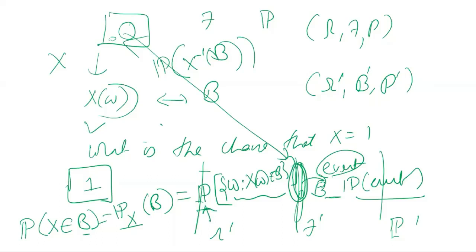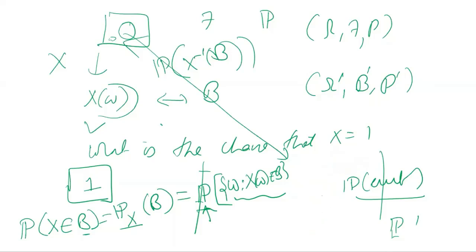Okay, and one last thing we have to make sure of: because I can take any of these events in this sigma algebra, if I take any set and tell you this is my probability, I should be able to find it.